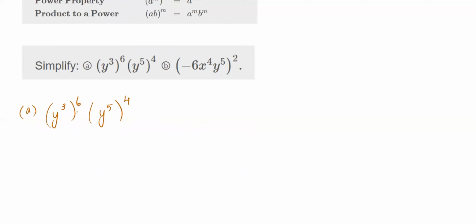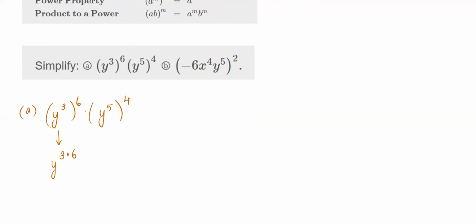So let's focus on this first one, y cubed power 6. So you look at the base, you look at the power. The base has a power, and this itself has another power. So the powers are stacked. So you can clearly see that this can be written as y power 3 times 6 because we're using the power property. Okay, that was one part of the problem.